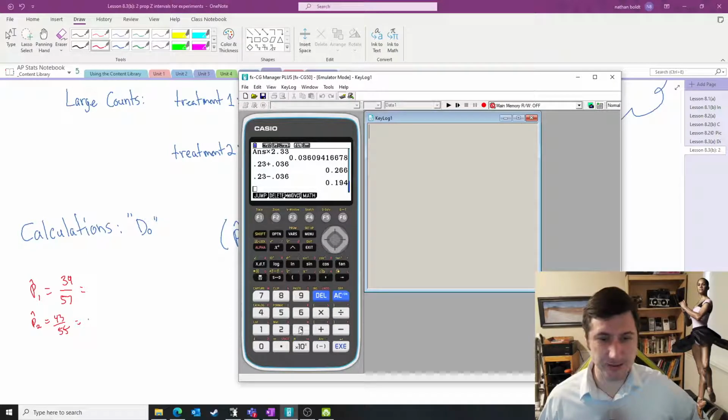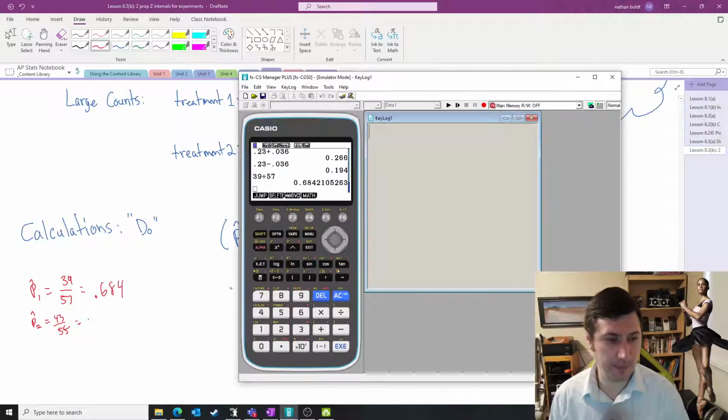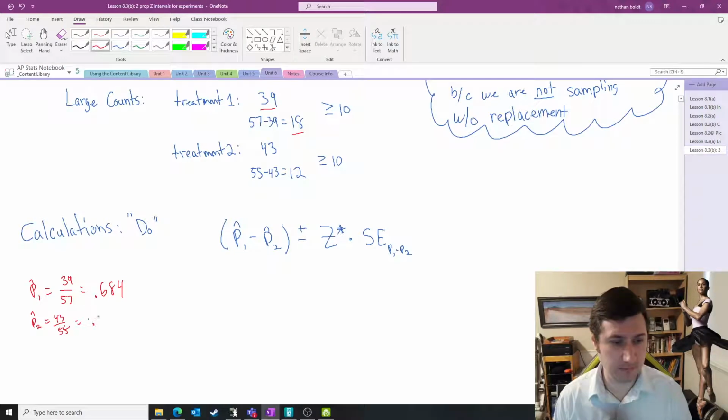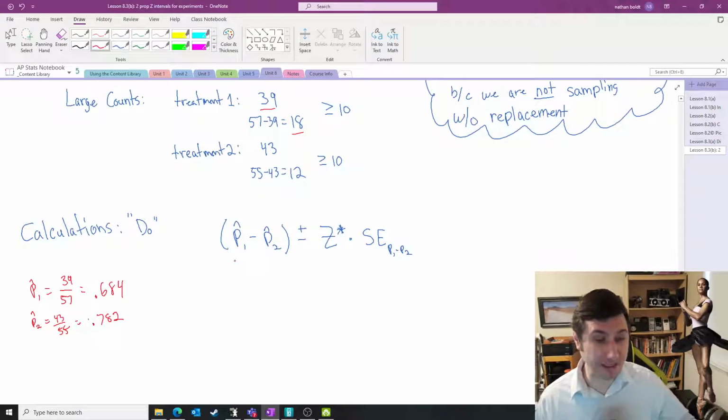So what is 39 divided by 57? 0.684. And what is 43 divided by 55? 0.782, let's call it. So first we find what you might think of as the point estimator.